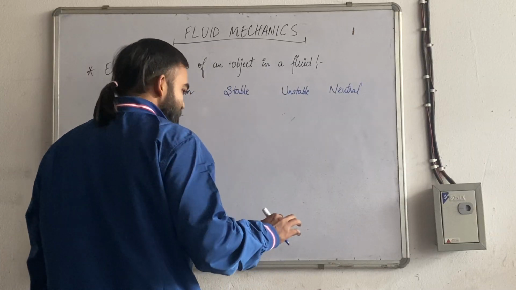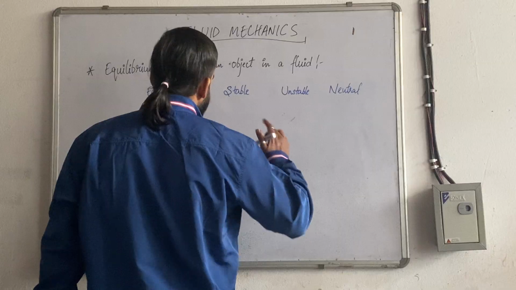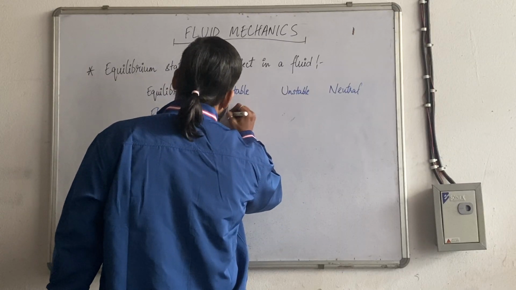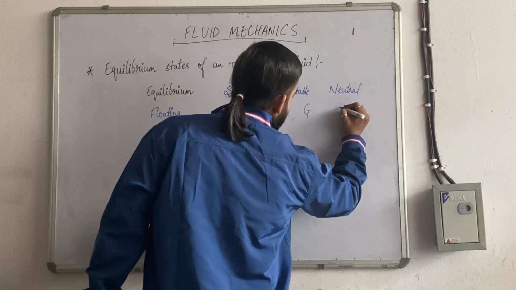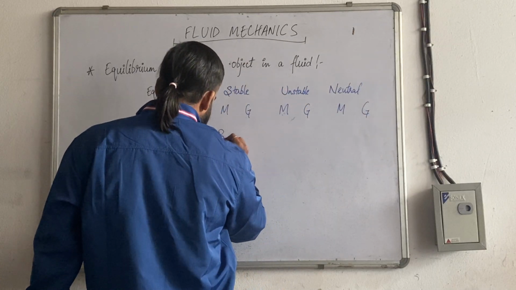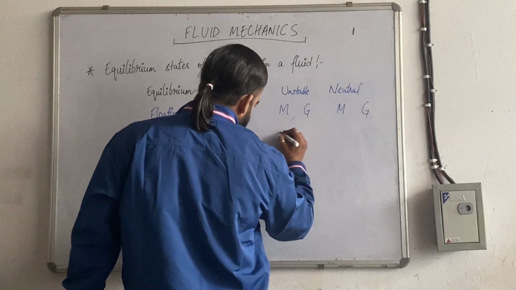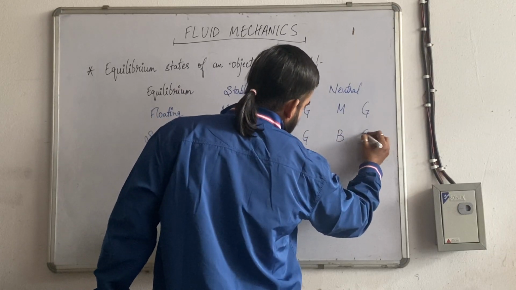And for a submerged body, we use center of buoyancy and center of gravity. So M and G here, and B and G here.